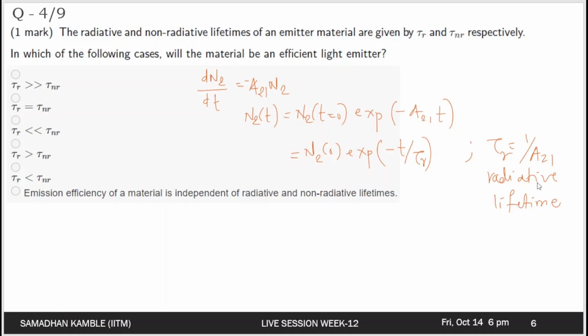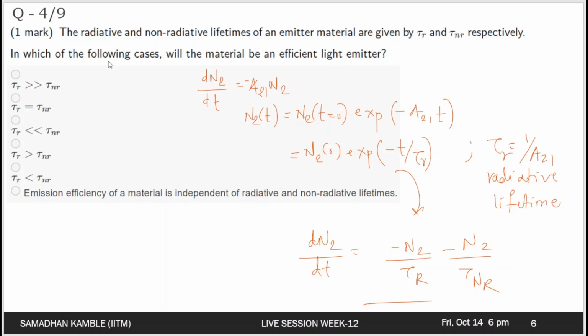So it is heating the semiconductor material, which we are not interested in. So we can write this particular rate equation in terms of both the radiative and non-radiative lifetimes as dN2 by dt is simply the combination of tau r and tau nr.